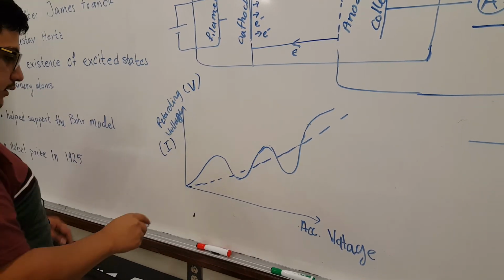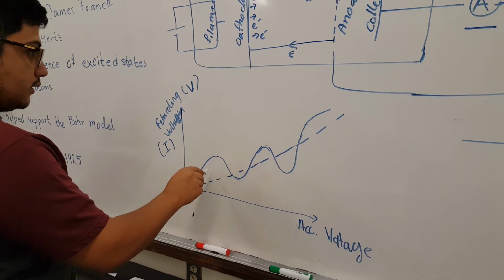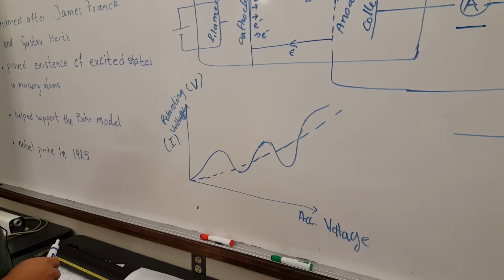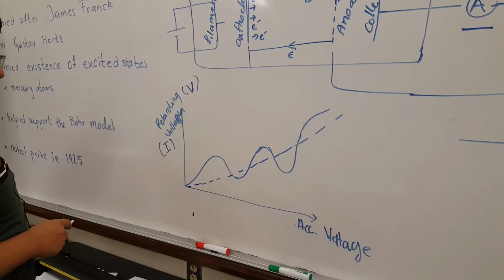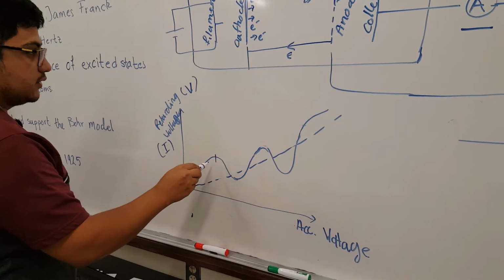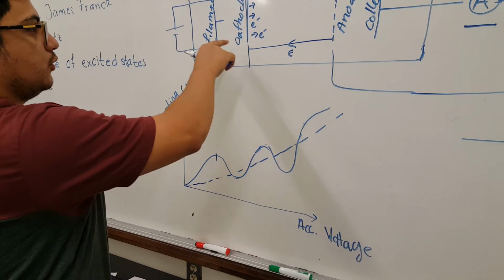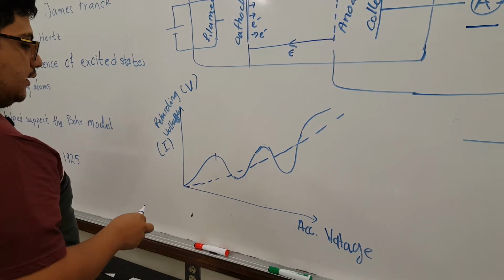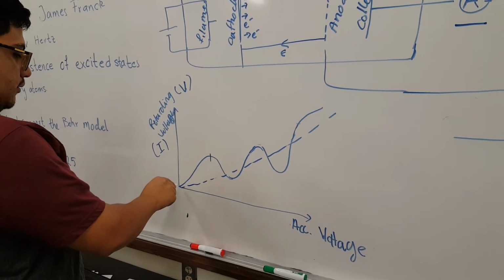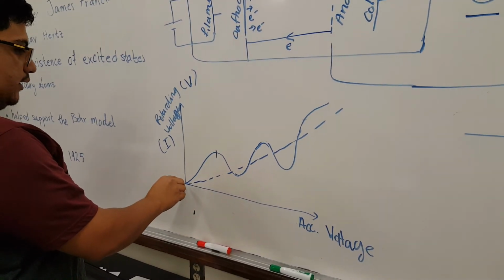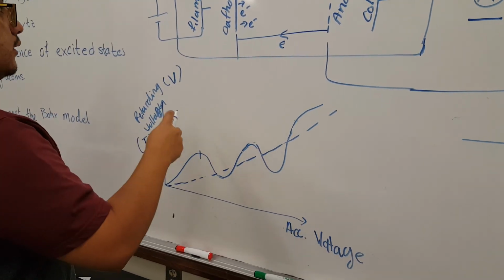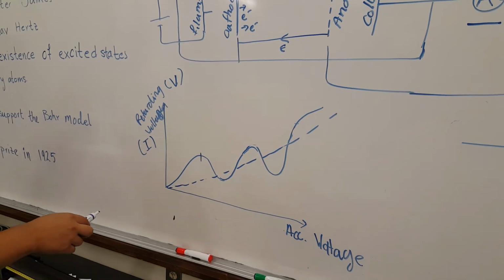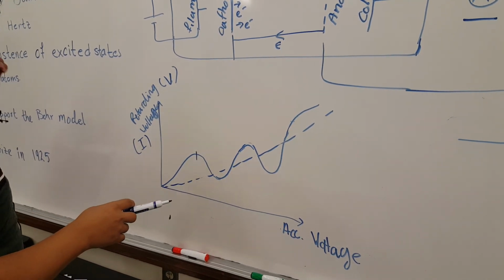But what's happening here is, recall that I mentioned the Bohr model said that we have quantized energy states. So the electrons are being accelerated, and they're going to meet mercury atoms, but they're not meeting the energy requirements for the excited states of the mercury atom.